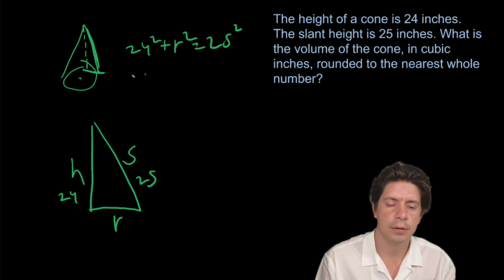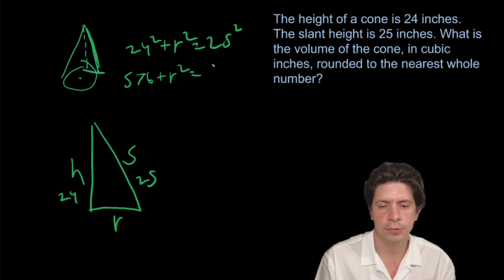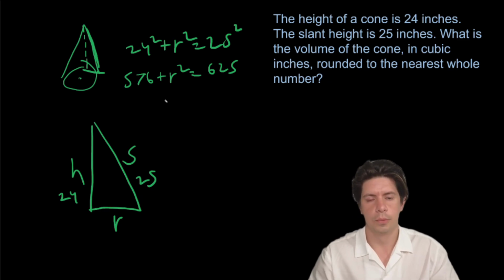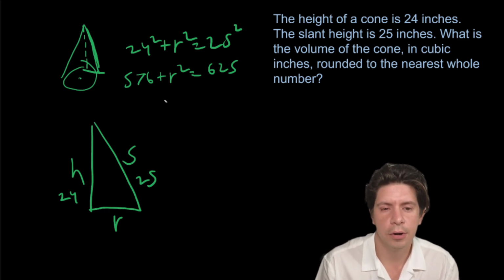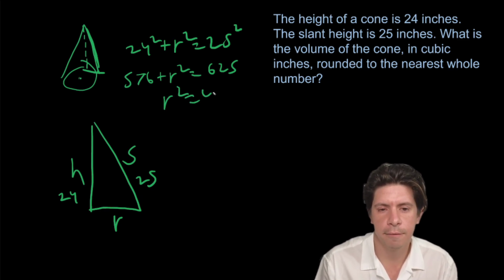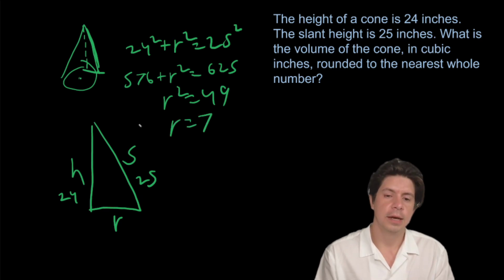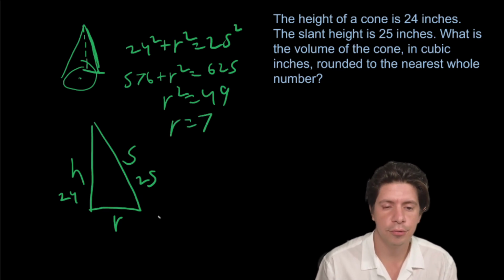So we'll get 576 plus R squared equals 625. When we subtract, we will get R squared equals 49. That's a nice clean number. R equals 7.